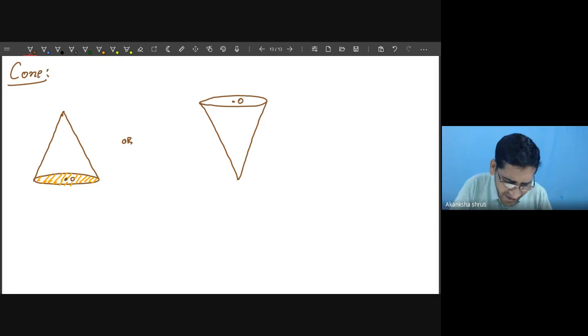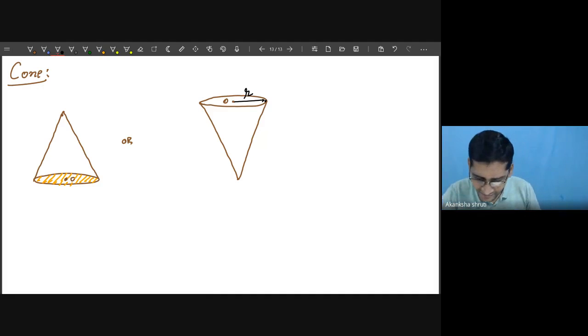Again we have the radius for this circular area. That radius is obtained by joining the center of the circular area with its periphery, meaning the circumference, and height is obtained by joining the center of the circular area with the apex.